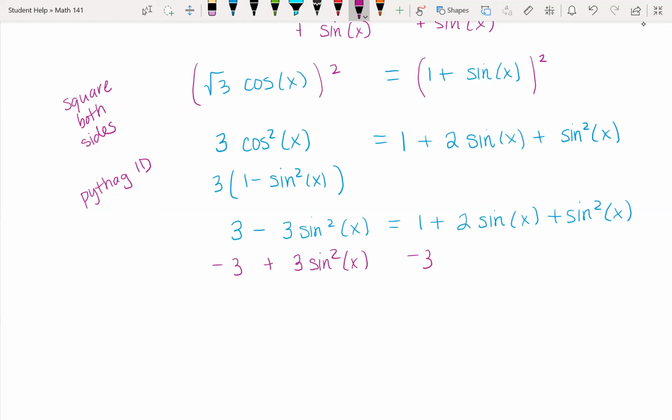Subtract 3 minus, oh no, I want to move everything to the left, don't I? Let's think about this. If I subtract that, that's going to be minus. I want to go the other way. I want to move everything to the left. So instead, we'll subtract 1.